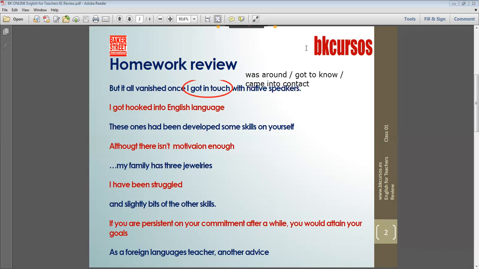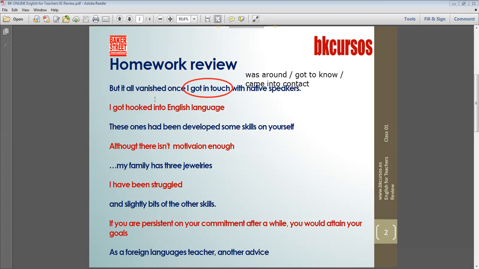The next one would be, I got hooked into English language. Hook. Okay, hook. What preposition do you think we'd like to use there? Hooked to?